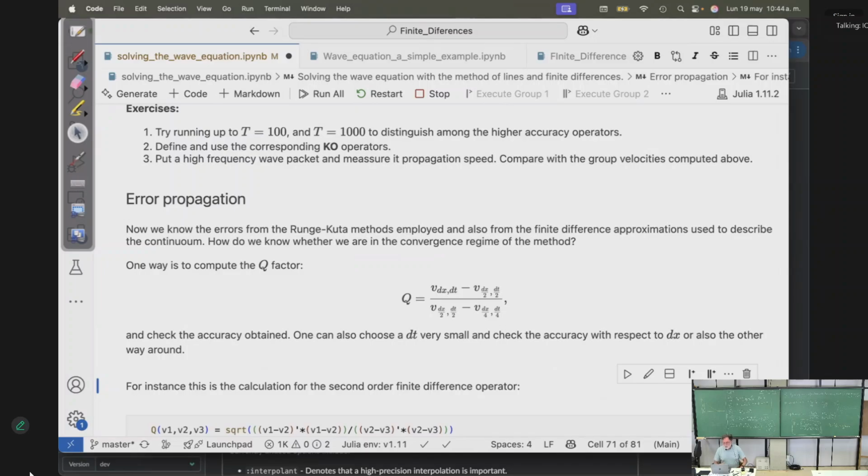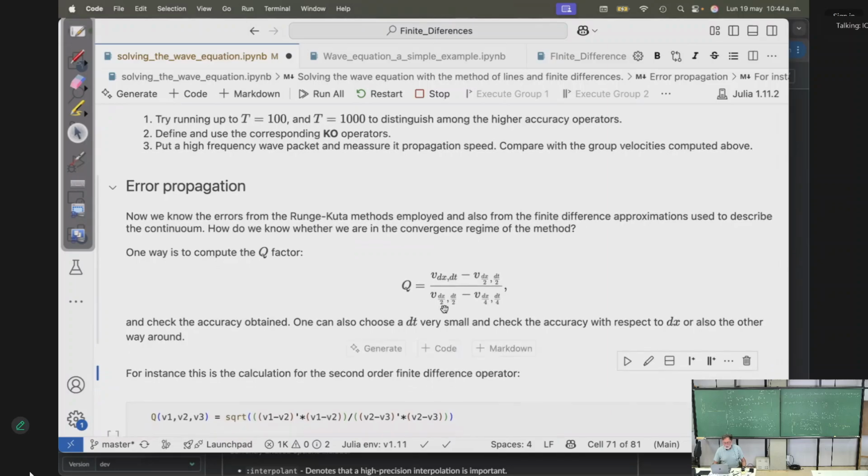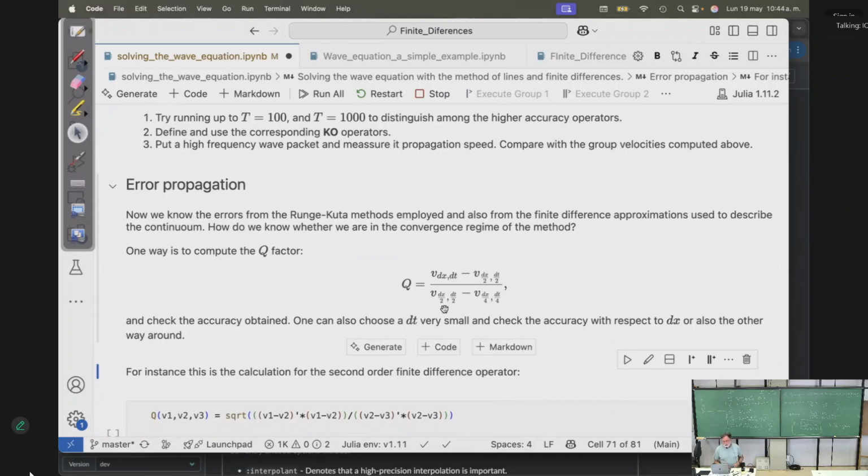You can also fix a dt very small, like dt over 4, and do all these 4 calculations with dt over 4. And so you will see all the error in dx. Or you can do the other way around, fix the dx and change the dt, and get how the error behaves on dt.